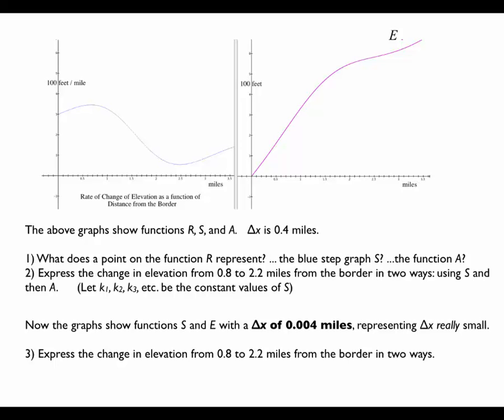Okay? And then the resulting new graph over here, rather than calling it capital A, I'm going to call it capital E, because it's a different kind of function. So now I want you to express the change in elevation, the same change in elevation, with this very, very small delta x. Who can do it?